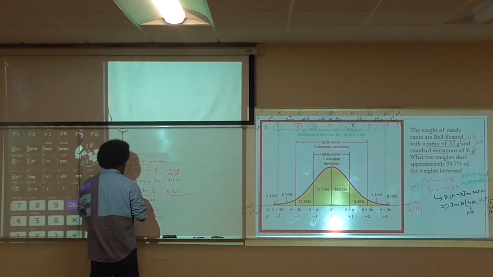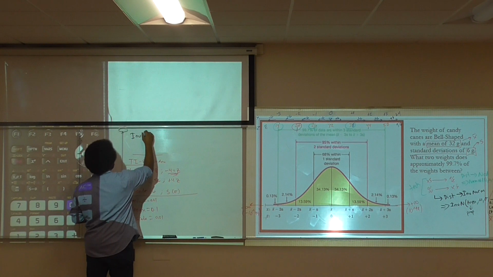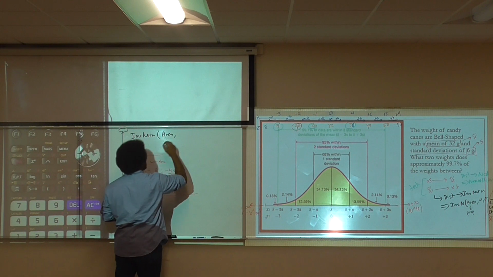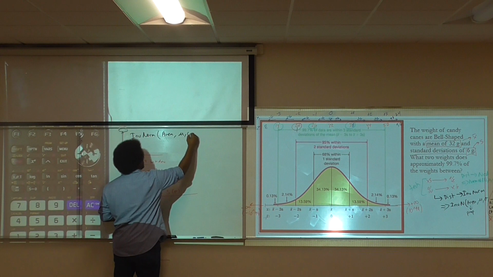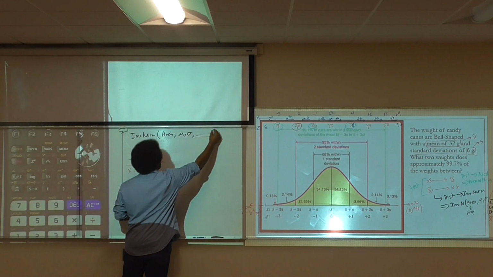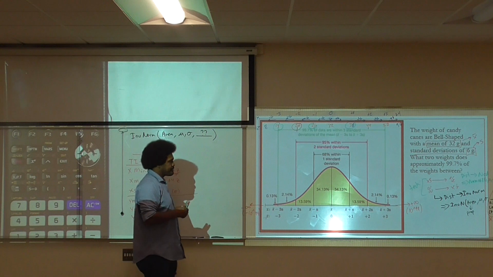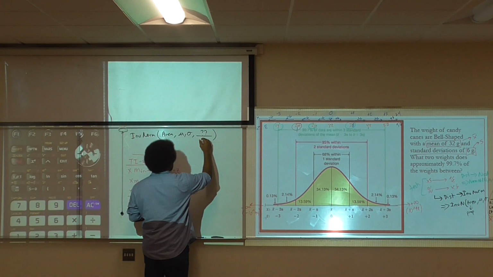So what we're looking at now is supposed to be the inverse norm. And it will be area, which is what we refer to as probability, or proportions. Supposed to be mu, standard deviation, and then here is questionable. Okay, it's questionable. And we'll see that. So like the result was over there.